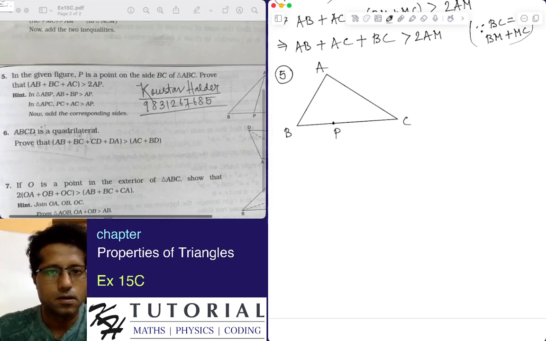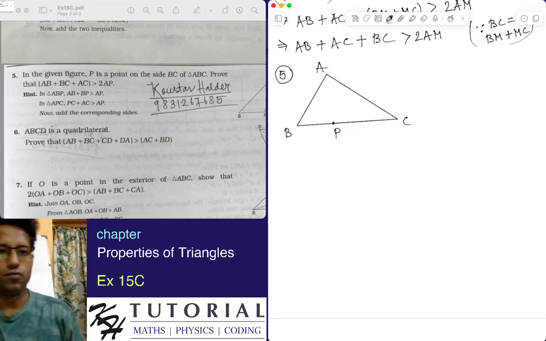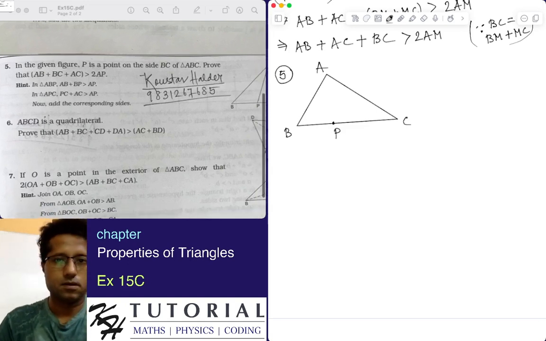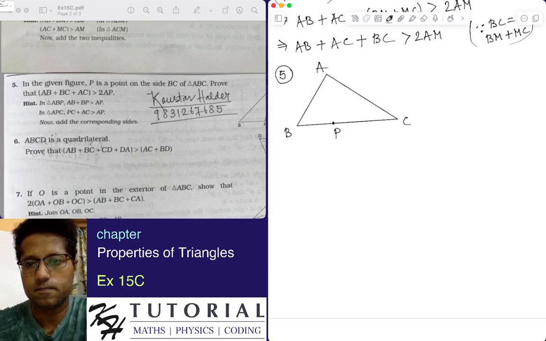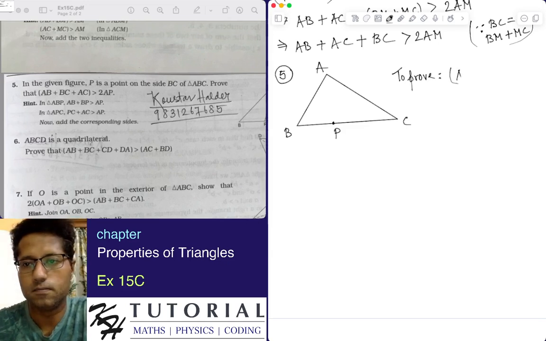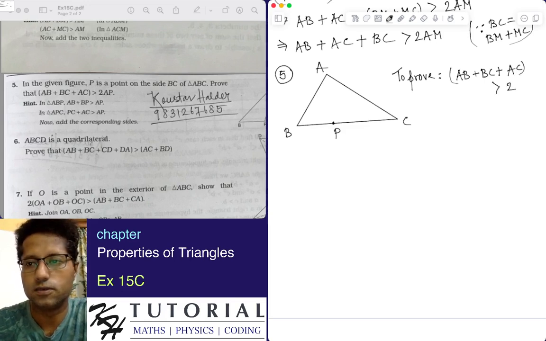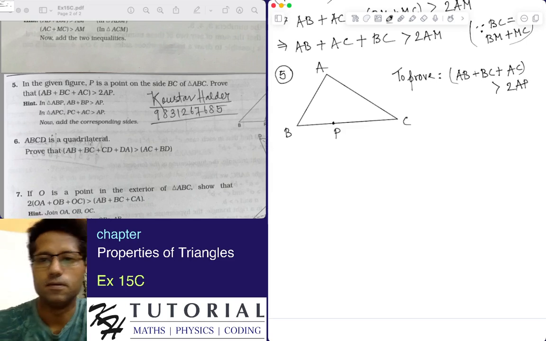It is asking to prove that AB plus BC plus AC is greater than twice AP.